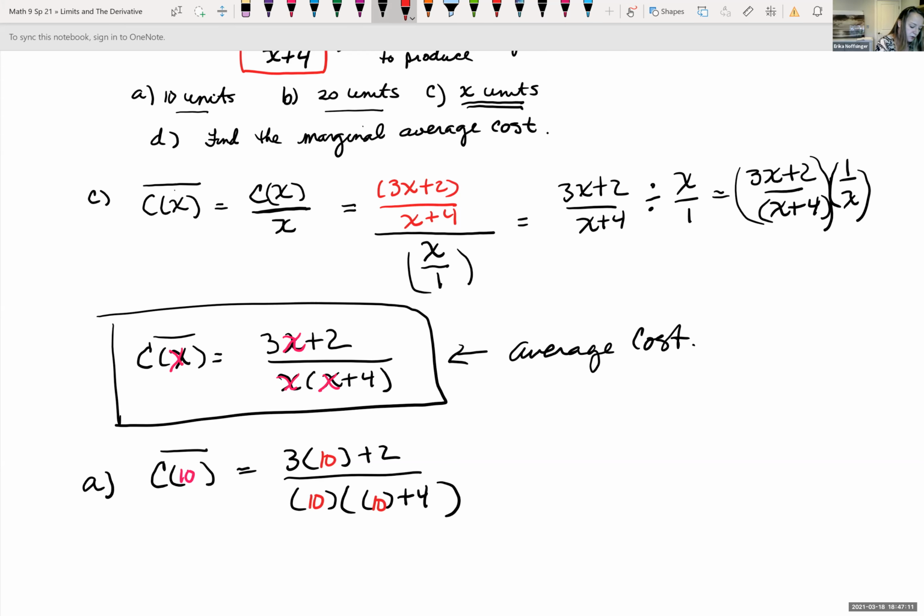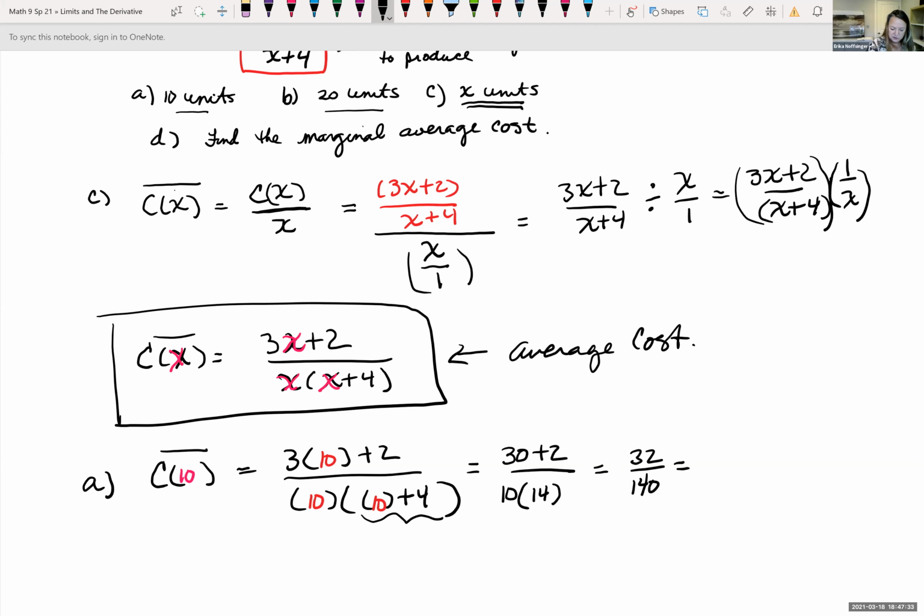So simplify using order of operations. We have 3 times 10 is 30 plus 2 all over, inside the main parentheses first, 10 plus 4 is 14. So we have 32 over 140.